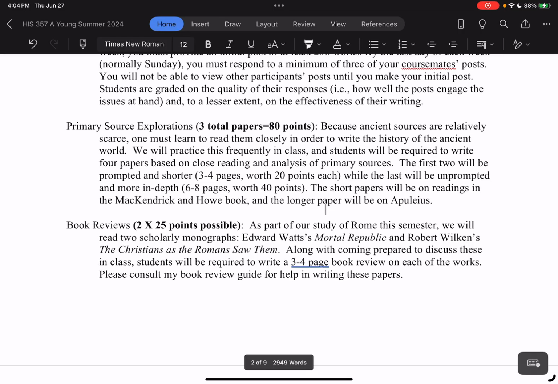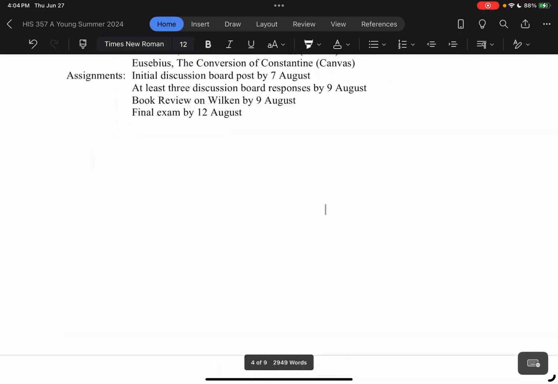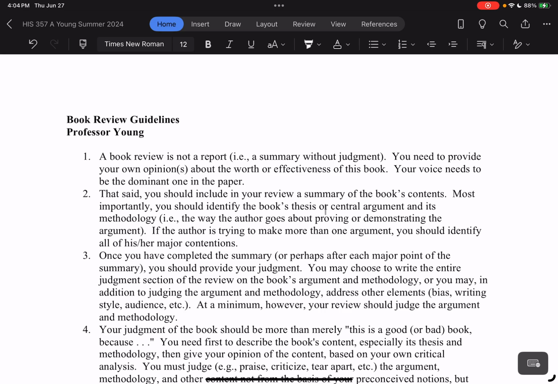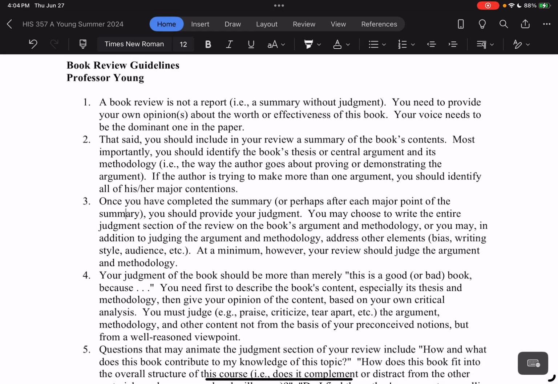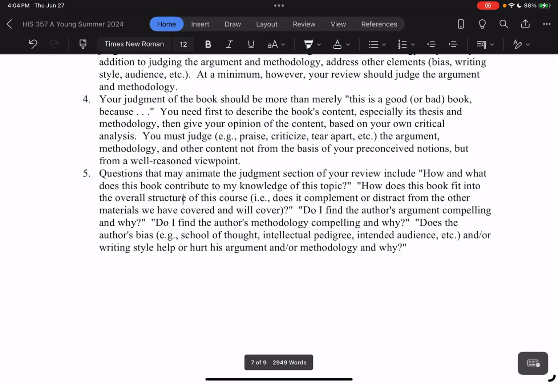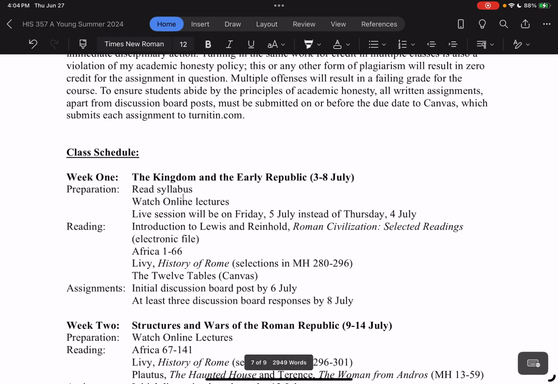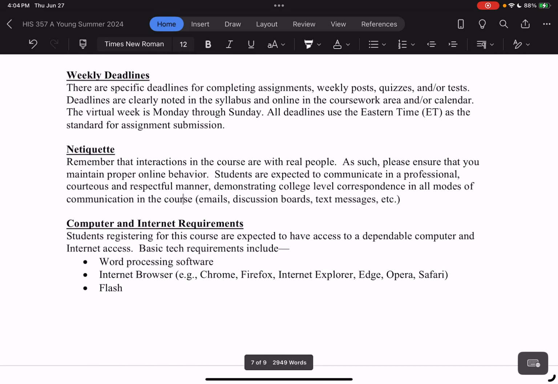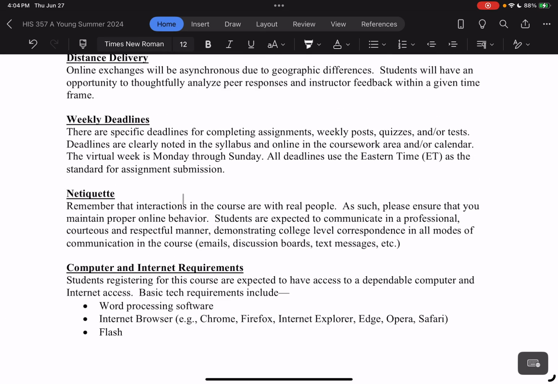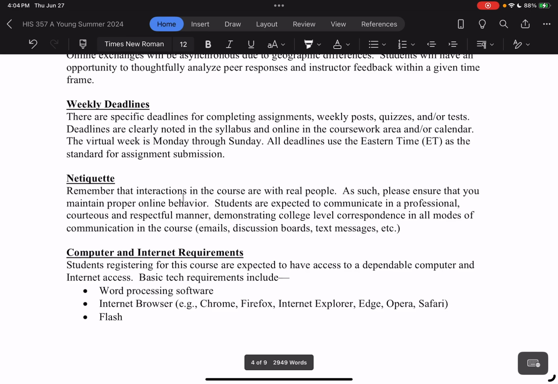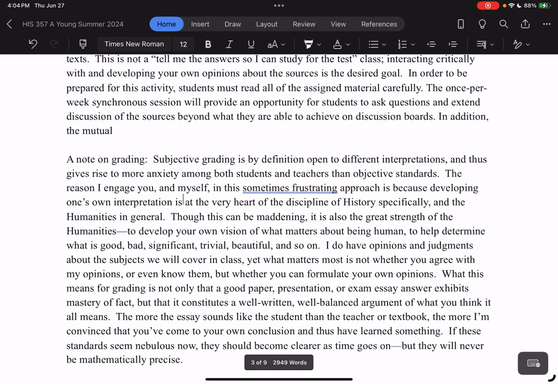You need to read these. I have a set of book review guidelines that I provide. Here they are at the end of the syllabus. So take a look through these and get a sense of what I'm looking for in a book review. And if you have questions, again, post them on the Course Logistics board. Talk to me personally, however you want to do that.